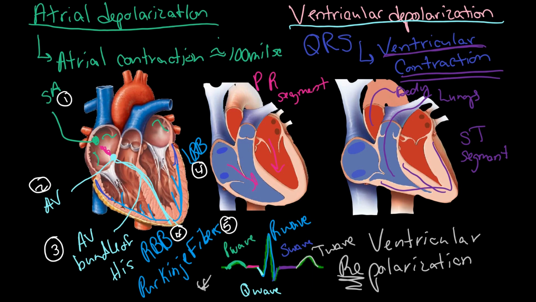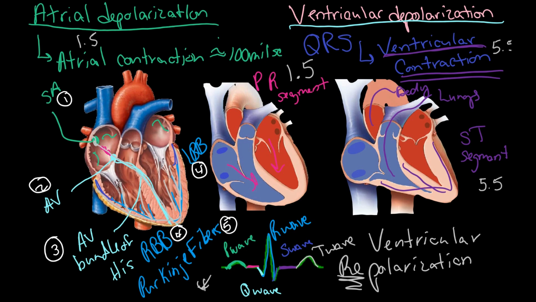And if we were going to put halves in there, this would be step 1.5, which would be the PR segment or the atrial contraction, go 1.5 over here. And then the ST segment or ventricular contraction, so that would be step, I guess we could say like 5.5. And that causes the ventricular contraction. So that is how the rhythm goes from here, down here, and out here.